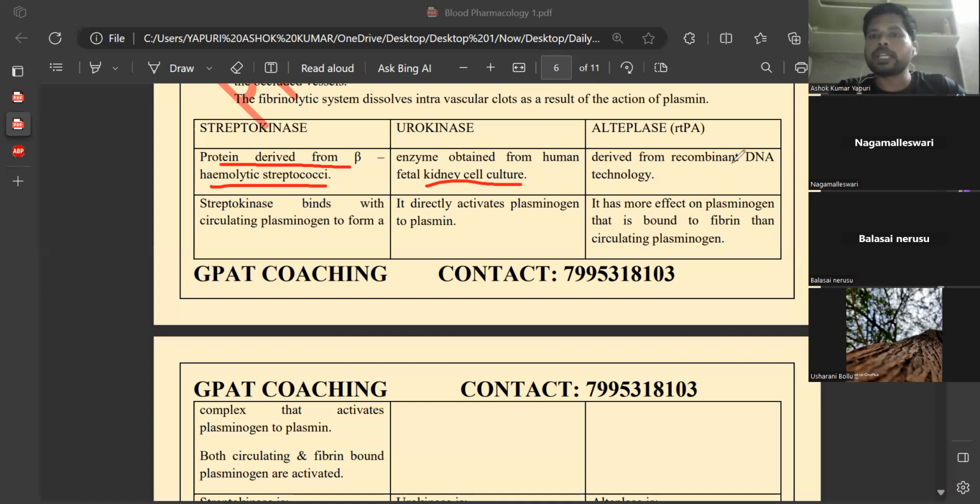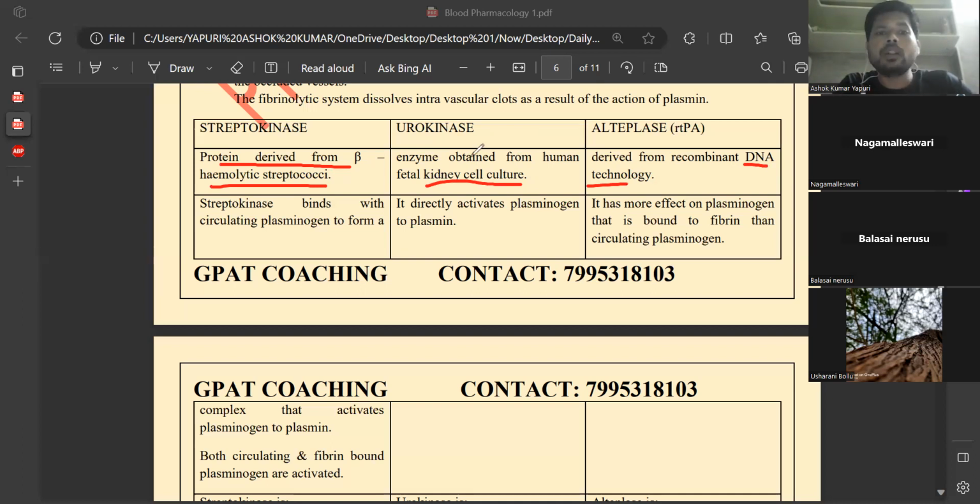Alteplase is from DNA technology. So streptokinase comes naturally from a microorganism source and urokinase directly from a human source. Alteplase, tenecteplase, reteplase and a number of other drugs are all prepared by rDNA, recombinant DNA technology.